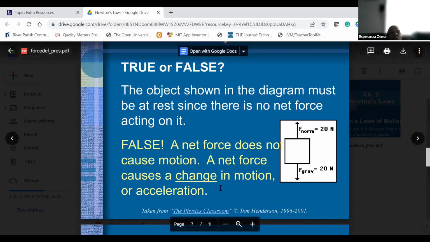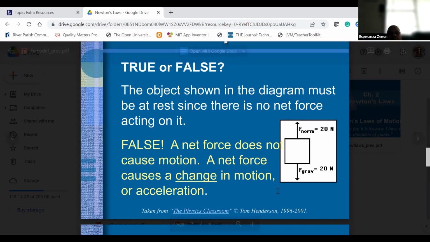Just keep in mind that what we're looking at here is the idea of acceleration, which is a change in the object's motion. If you don't have a net force to produce an acceleration, then you won't change the object's motion, meaning it will either stay at rest or keep moving with the same velocity.